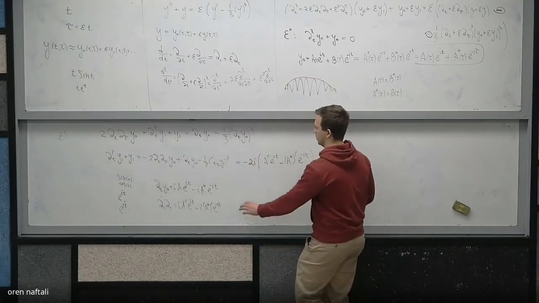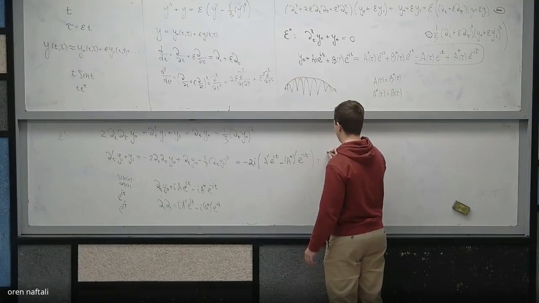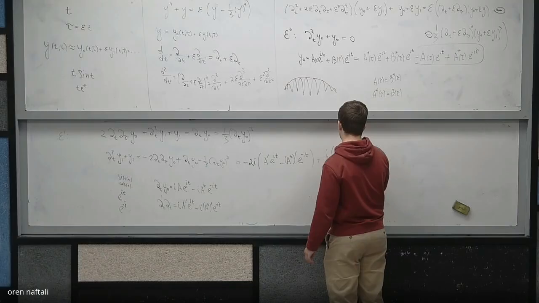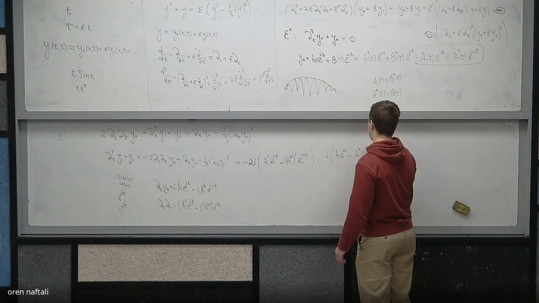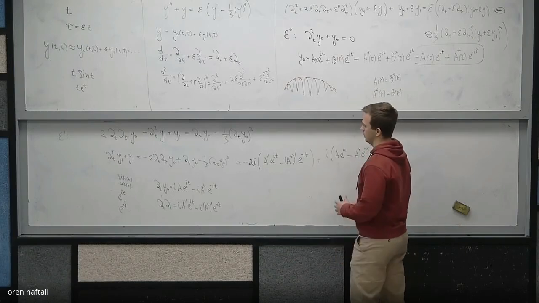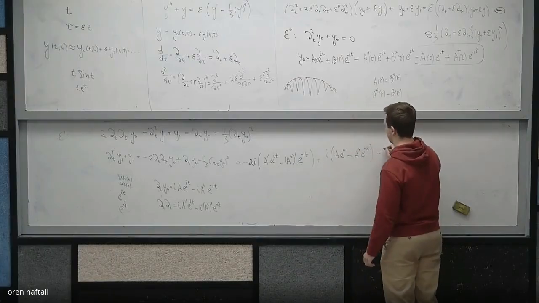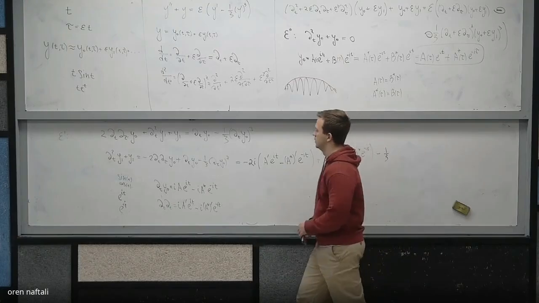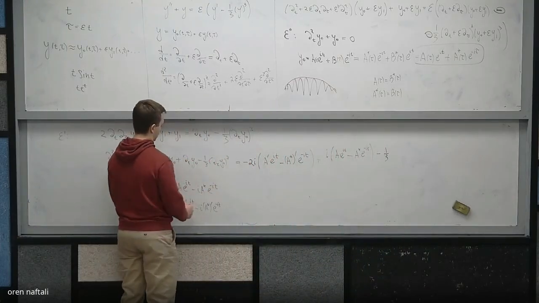Then plus the derivative, plus i times a e to the it minus a star e to the minus it. And the last one is this cubic term, so minus 3/2, and I need to calculate the cube of this.